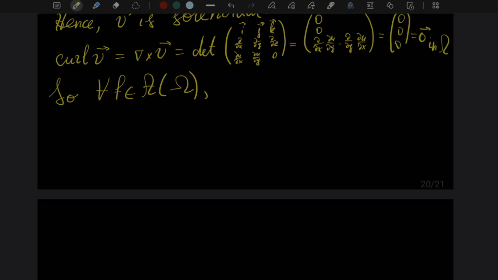And hence we can also give a name to our f. f is called a complex potential of the vector field, if its real part is the field's potential.